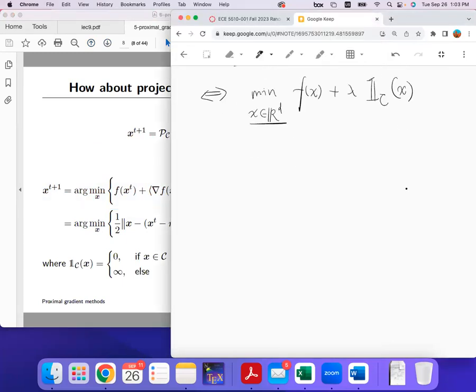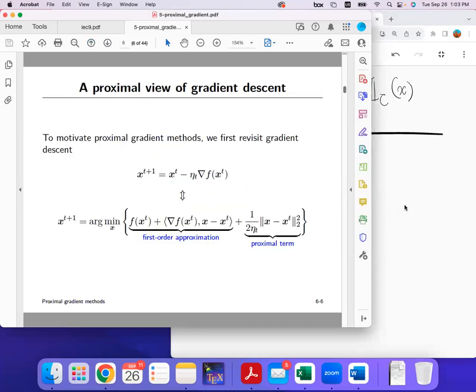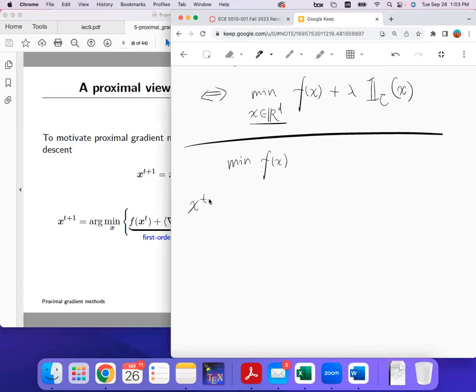Now let's put these things together. Okay, if we minimize f(x), we have from the previous, this is the previous update.